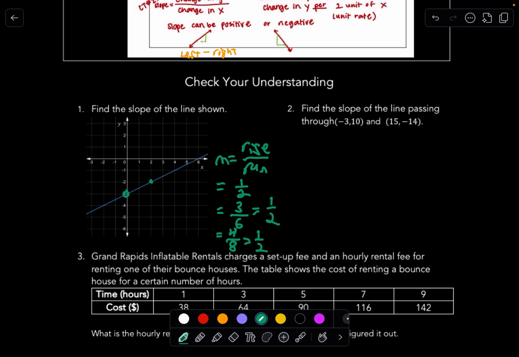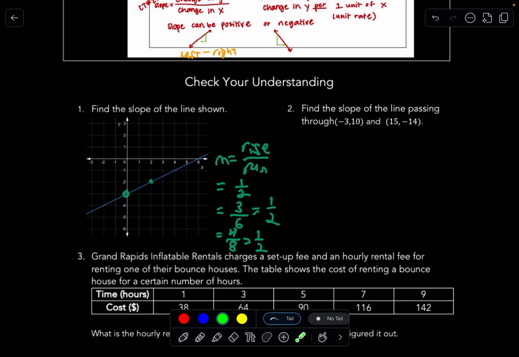It doesn't matter which points you choose, you'll get a ratio, and if you don't choose the smallest intervals, like up 1 to the right 2, but you chose bigger intervals like I did here, that ratio will reduce to the smallest interval of 1 over 2. So it's 1/2.